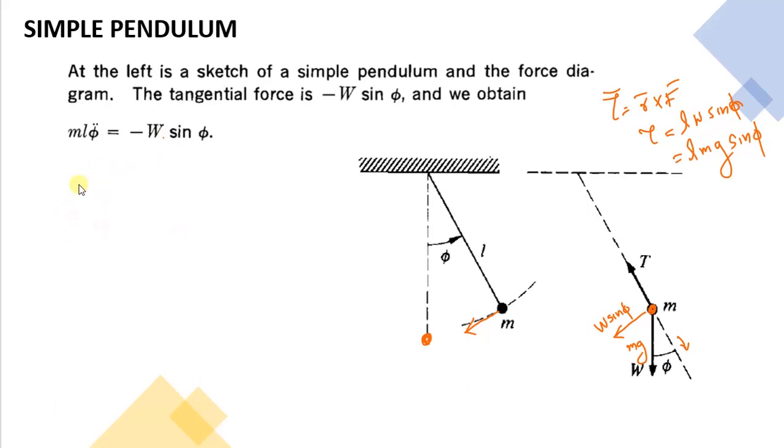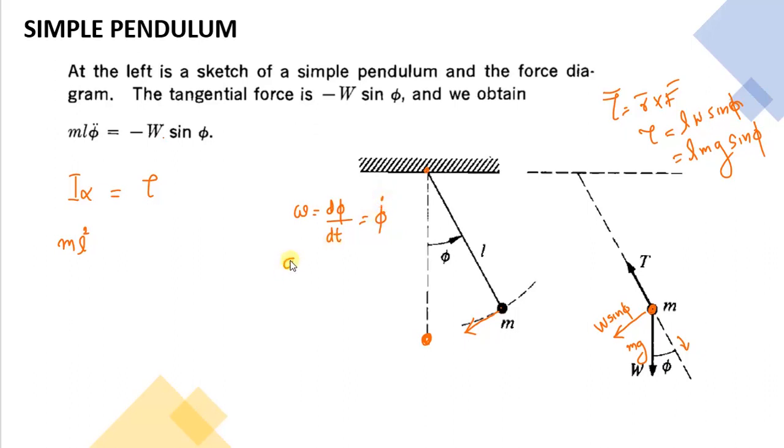But we know that torque can be written in another form, that is moment of inertia into angular acceleration. It is the same as force: force is equal to mass into acceleration. The same way we can write torque is equal to moment of inertia into angular acceleration. Now if m is this mass and L is this length, what is the moment of inertia of this mass about this point? That is ml squared. What is the angular acceleration? If phi is this angle, omega is equal to d phi by dt, that is phi dot.